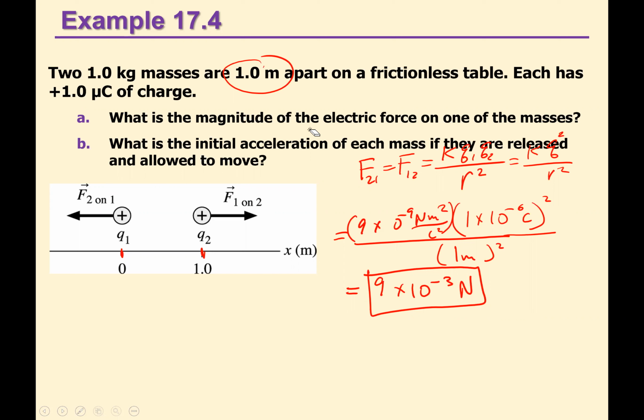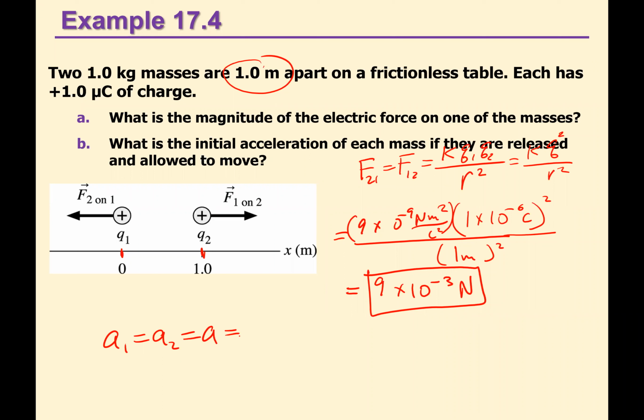So let's say Q1 is going to accelerate to the left, Q2 to the right. What is the initial acceleration of each mass? Well, both of them are 1 kilogram, and they have the same force, so acceleration 1 is the same as acceleration 2.